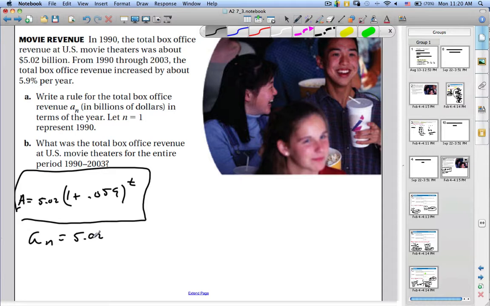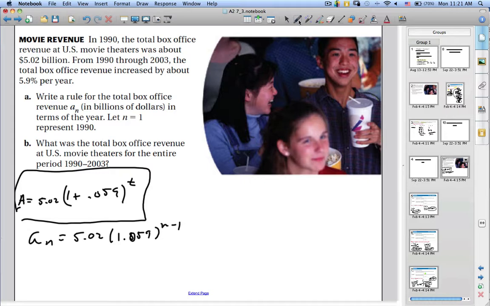Here we're calling it year 1, right? N equals 1 represents 1990. We don't start from 0 here. My common ratio is 1.059 to the n minus 1 power. Okay, so that's the rule, right?